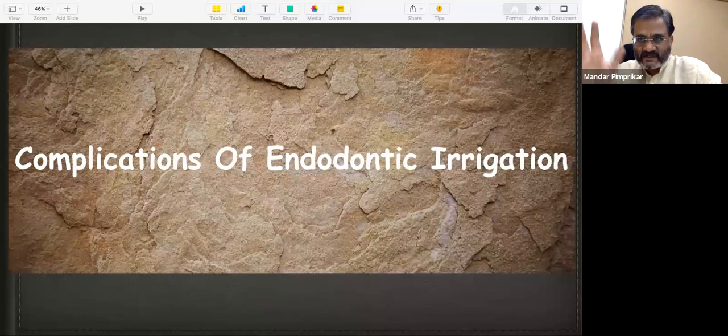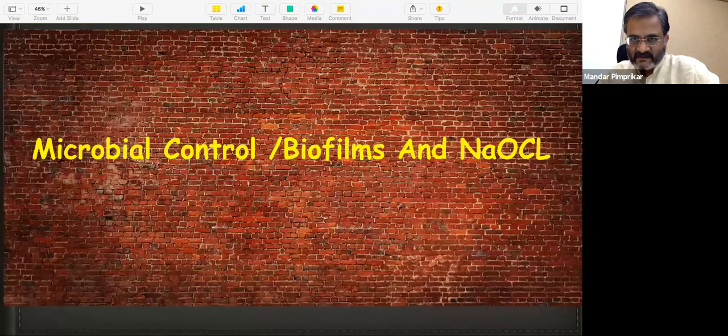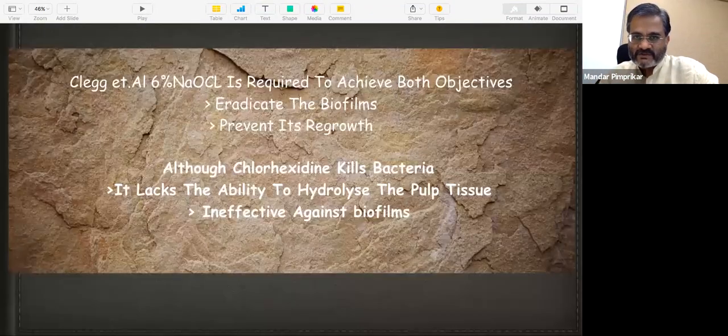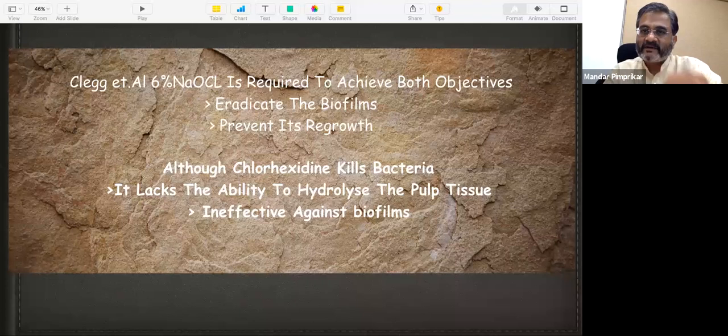Now, if you go to see in the literature, or if you have a visualization, in my first slide, if you remember, I said the root canal behaves as a closed tube model. That means there is some resistance by the bone and the periradicular tissues, which will not allow extrusion of your irrigants into the periradicular tissue very easily.